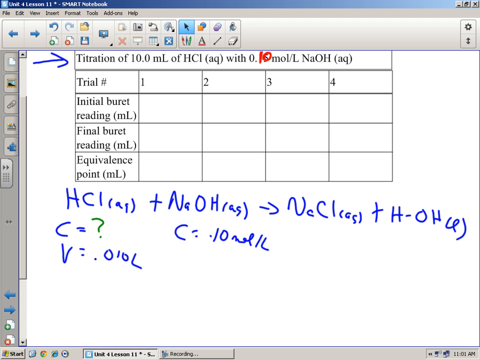However, I haven't added enough base yet to neutralize all the acid. So if you swirl it up a little bit, it disappears because now the base is distributed throughout the entire solution. So you're going to add a little bit more base, and you're going to stop and mix it up, and it goes away. Okay? So we're not at that point yet.